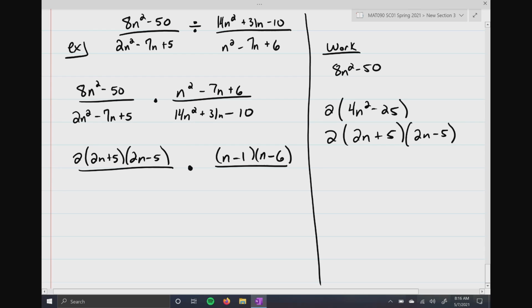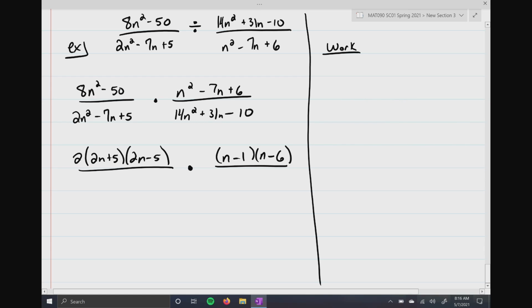The 2n squared minus 7n plus 5. Okay? So we're going to go ahead and factor that. And we know, just by looking at that, there's no GCF, 3 terms. However, I have a 2 as a leading coefficient and not a 1. So I got to use my AC method. So 2n squared minus 7n plus 5. I notice that they're both going to be negative.